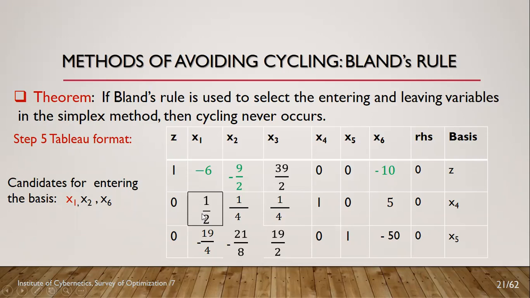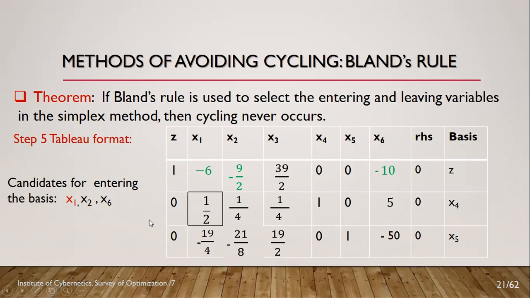According to the previous rule which we applied, we should have selected -10 for the pivoting variable. But here, the candidates for entering the basis are x sub 1, x sub 2, x sub 3. And according to the rule, we just select the first one, because it appears first in this series.